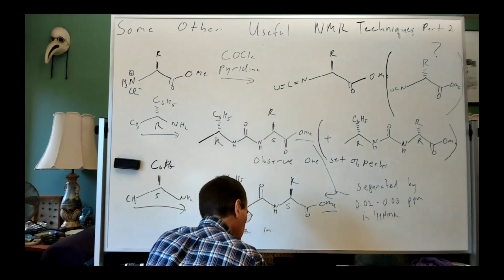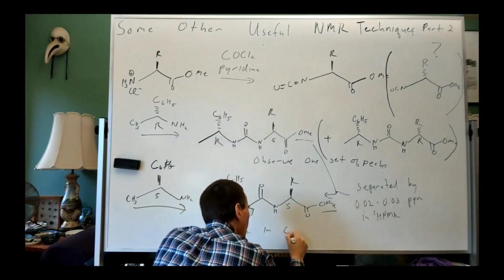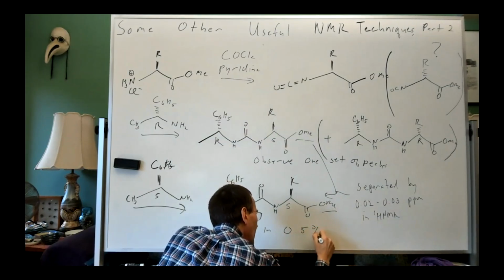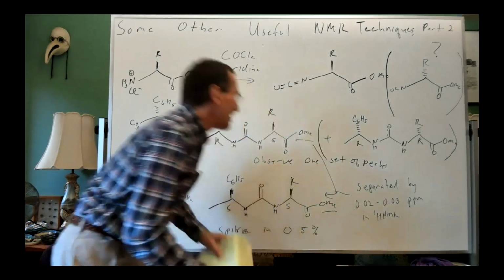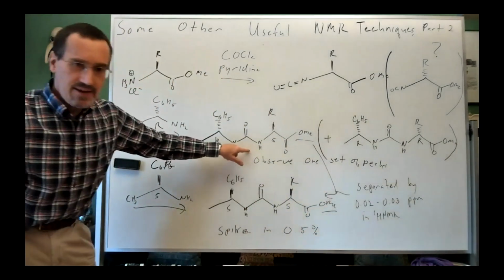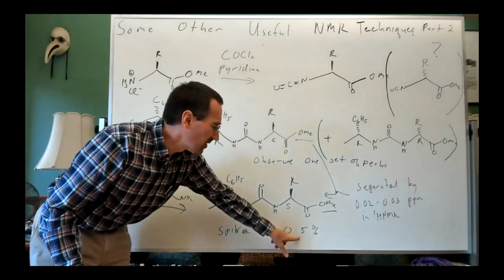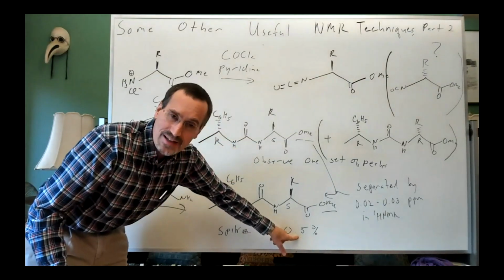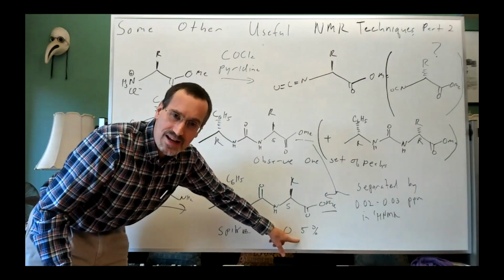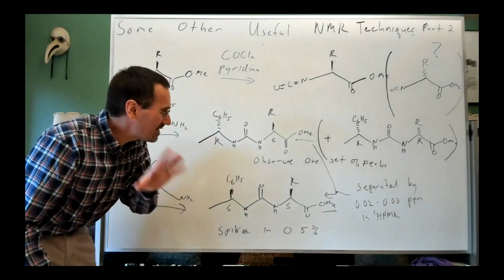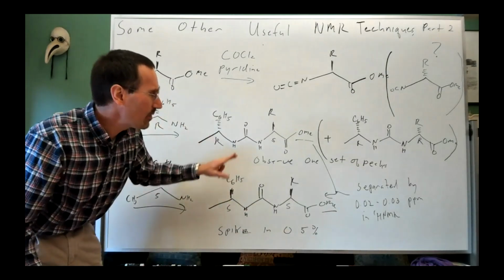I think we actually spiked in 0.5% into the sample to demonstrate that even at a level of 0.5%, even at 1% enantiomeric impurity, we could pick it up.